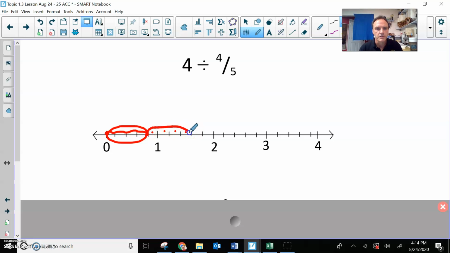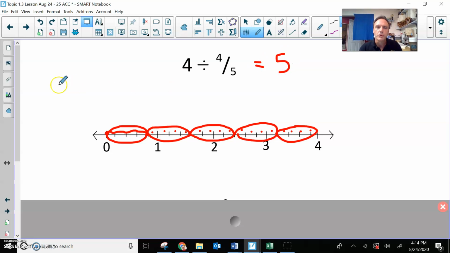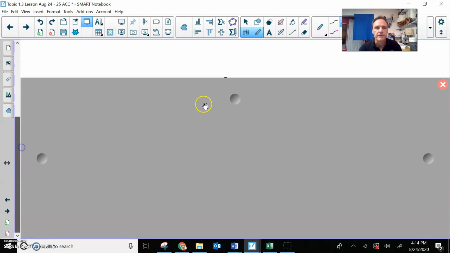And so I'm circling a group of 4 each time. 1, 2, 3, 4. Those are each fifths. So those are 4/5. And we're just keeping track of these groups of 4/5 right here. And so our answer here would be 5. There are 5 whole groups of those 4/5.